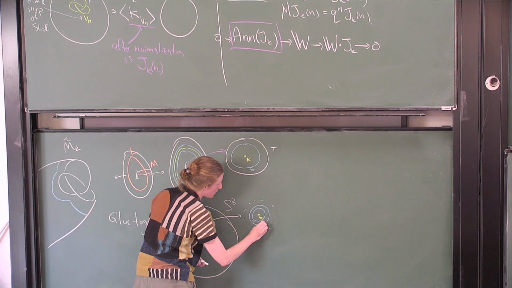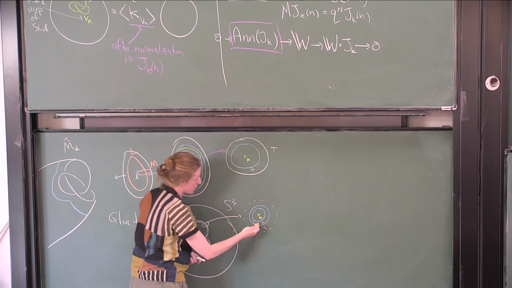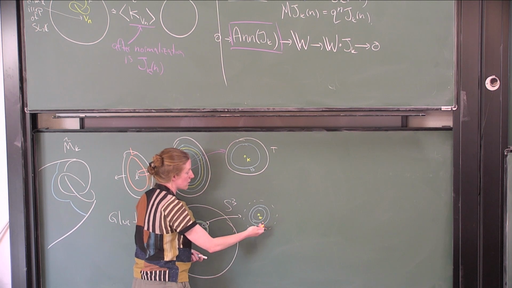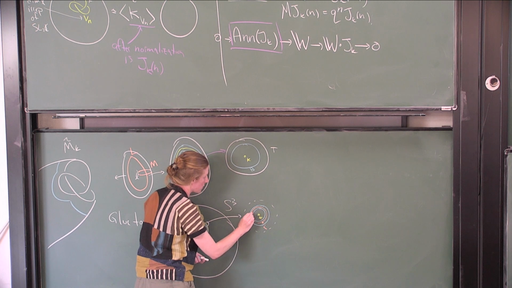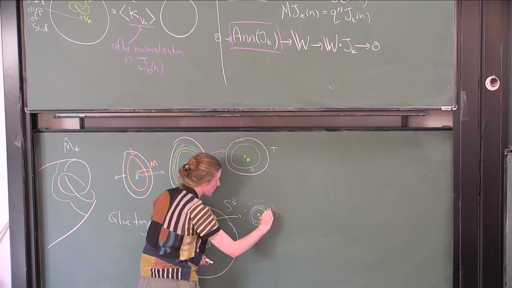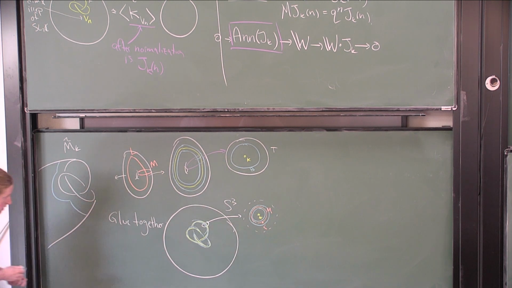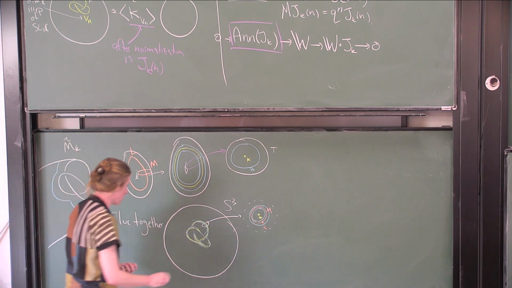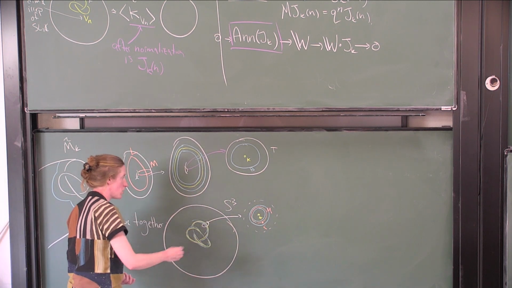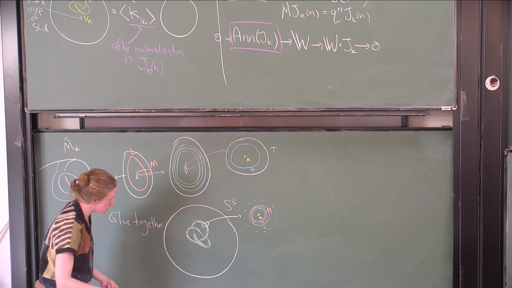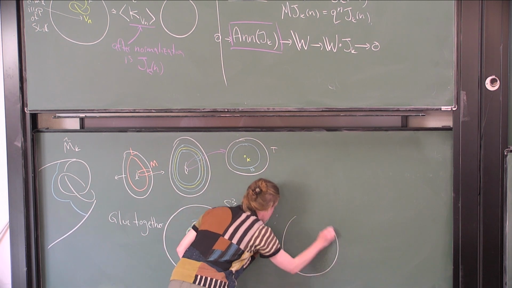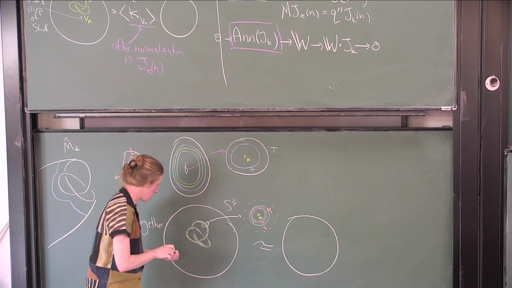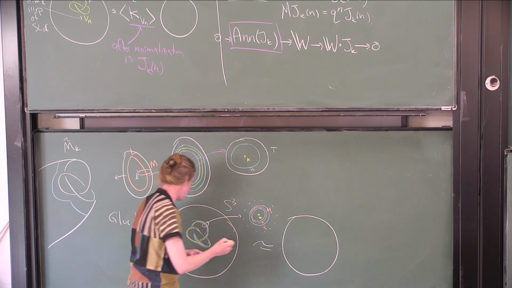So acting by L is going to look like a parallel copy of K, but inside the T region, and acting by M will look like adding a little meridian to the knot. And the theorem that you would need to show, which is a statement about invertibility of defects, is that this is the same thing as just my knot, here like this.